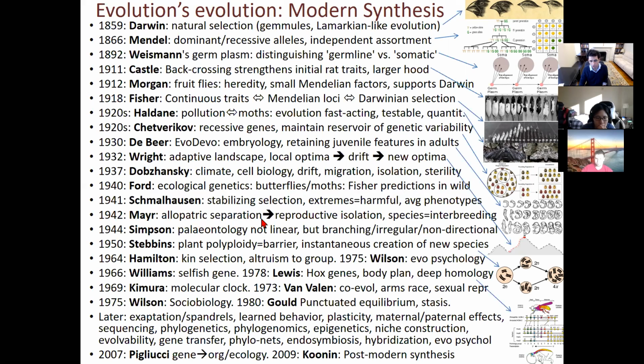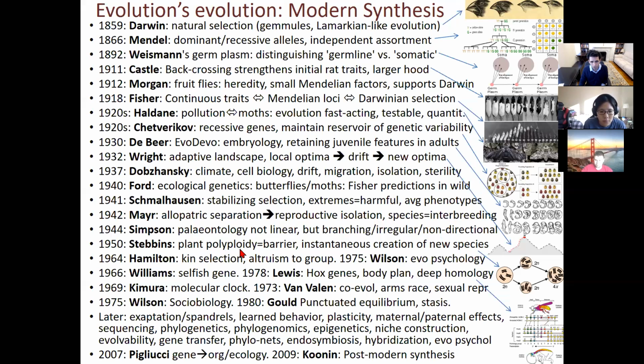Mayr with allopatric species separation, where reproductive isolation leads to species that are initially compatible no longer being able to interbreed because they've been isolated for so long that inversions or other chromosomal differences can in fact lead to speciation events. Simpson looking at paleontology not being linear, but in fact branching and irregular and non-directional, exploring this space.